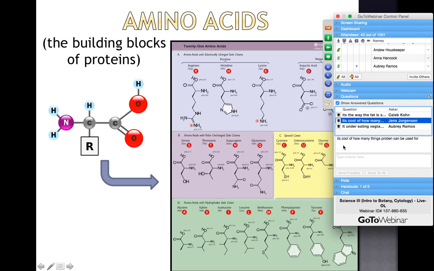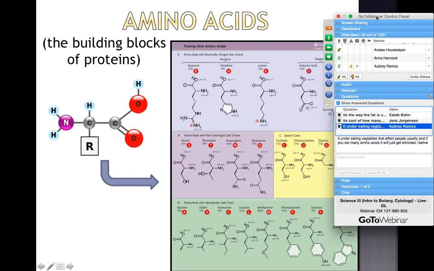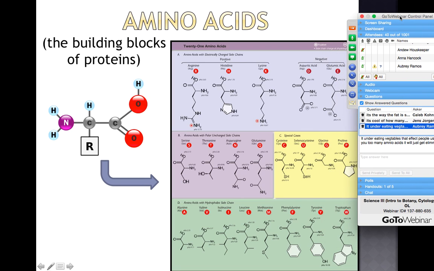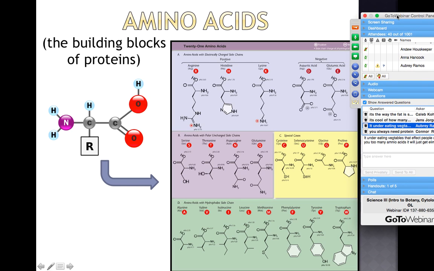Jens says it's cool how many things proteins can be used for. So yes, proteins are really the building blocks of almost everything in the body. They can be used for lots of different amazing machines. So here I want you to meet the amino acid, the building block of the proteins.